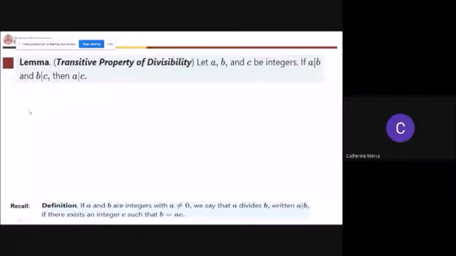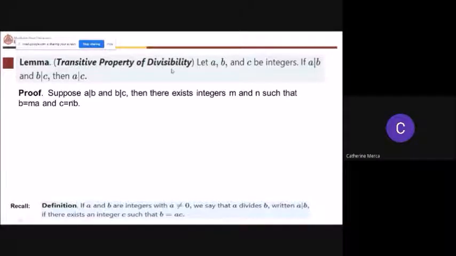So let's start. Suppose it is given that a divides b and b divides c. Then again, by definition, there exist integers m and n such that b can be expressed as m times a, where m is your integer there, and c can be expressed as n times b.